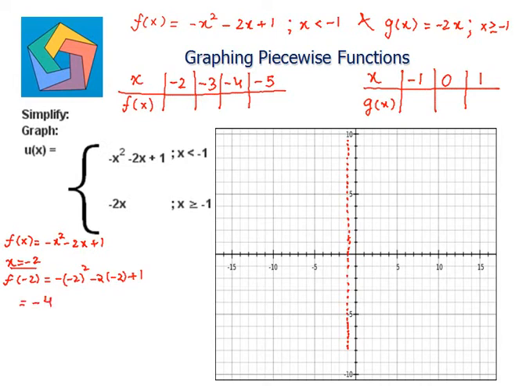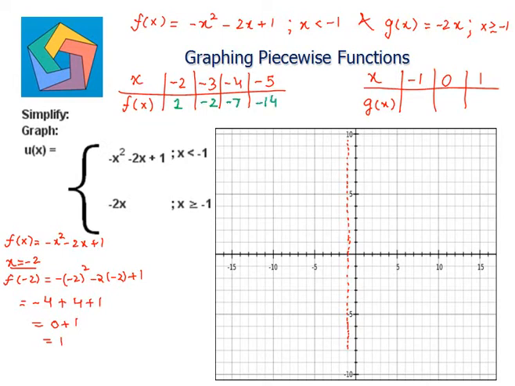Negative 2 times negative 2 is plus 4. So minus 4 plus 4 is 0, plus 1 which is 1. So we get the value as 1 at negative 2. Similarly, we can calculate other values. At negative 3, we will get negative 2. At negative 4 it's negative 7, and at negative 5 it's negative 14.